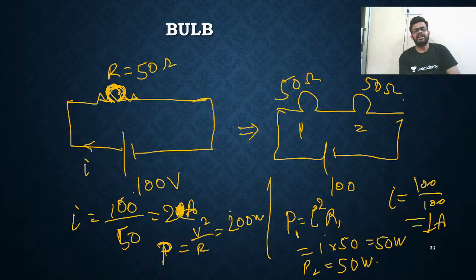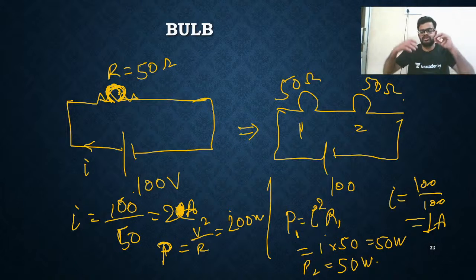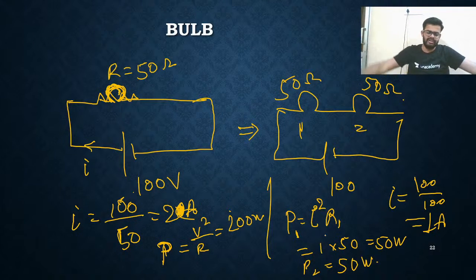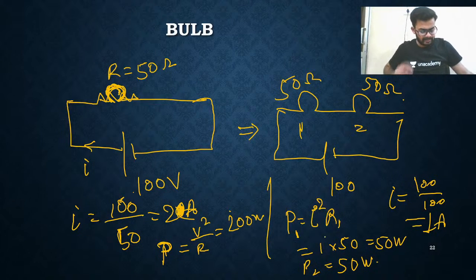If the power consumed by the bulb is more than the rated power, in that situation the bulb will be destroyed. It will be short circuited, we can say it will be fused. So the bulb will fuse if it consumes more power than the rated power.